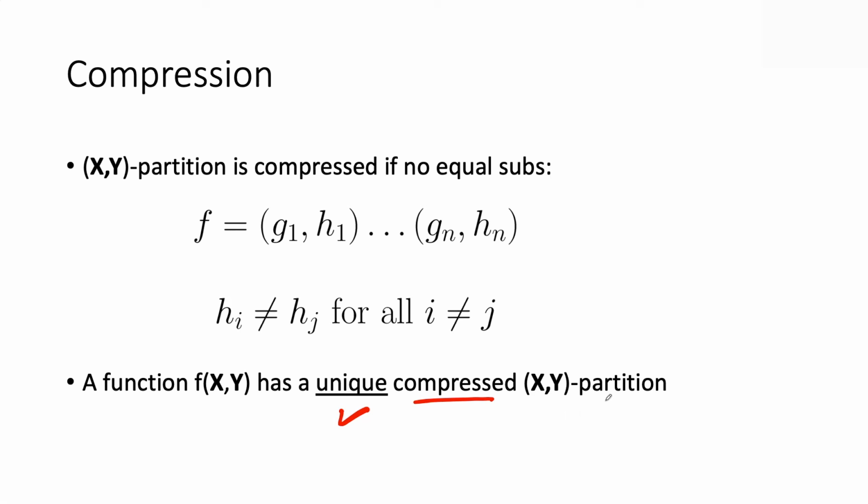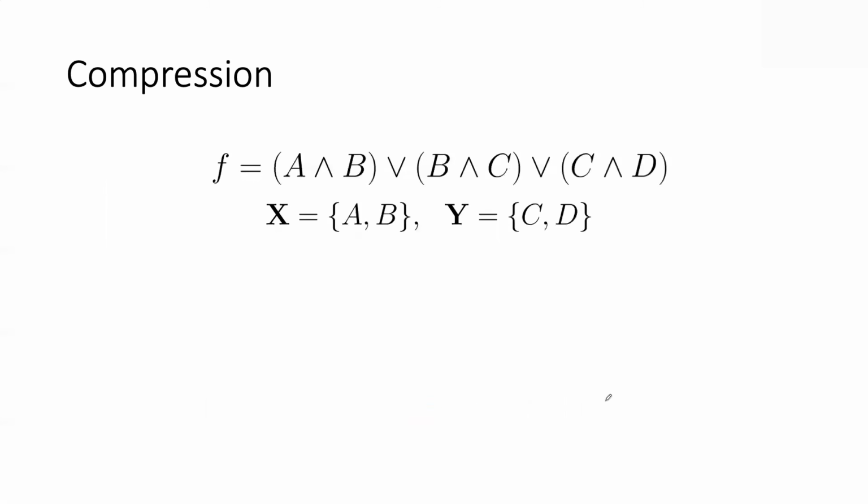There are many of them, but if I insist on that being compressed, that there are no equal subs, you can only do it in one way. And you will see how this ends up being the basis of why SDDs are canonical. But let's take a concrete example. This next example will not only illustrate what compression is, but it will also show you a systematic way for constructing an XY partition. Remember what I'm going to do next because it's pretty important.